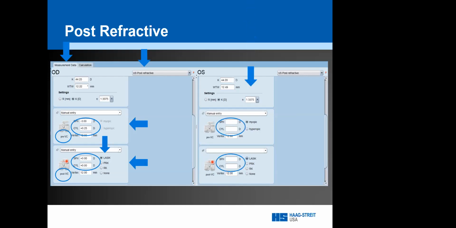Typically you don't have that information, and maybe you only have one piece of that information. If that's the case, don't enter anything at all. You simply need to select myopic or hyperopic in the pre-VC box, and the type of procedure in the post.